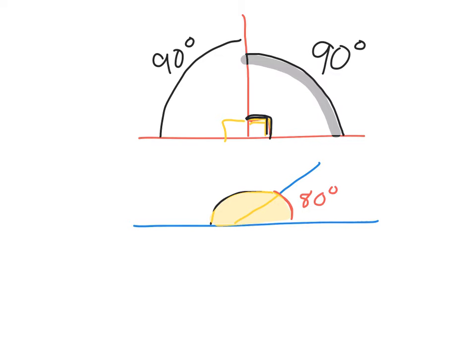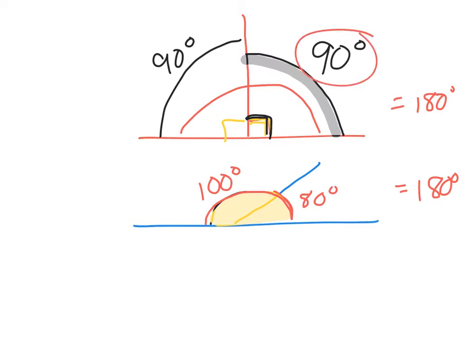That means that this angle over here, and it makes kind of a semicircle there, is 100 degrees. Because this angle right here plus this angle are going to add up to equal 180 degrees. These two angles add up to equal 180 degrees. Because 90 and 90 is 180.